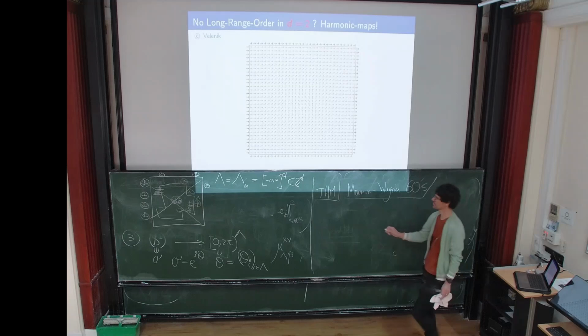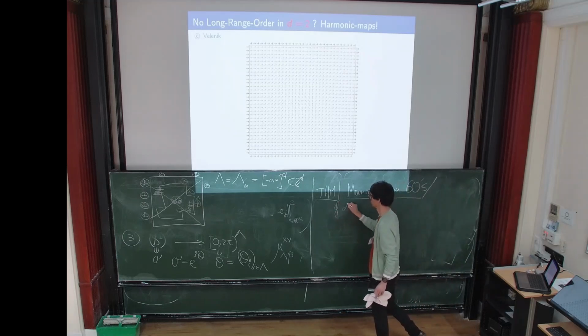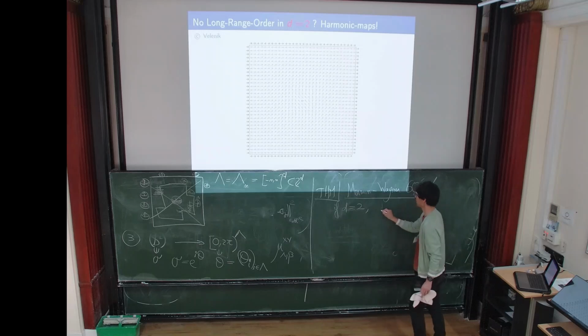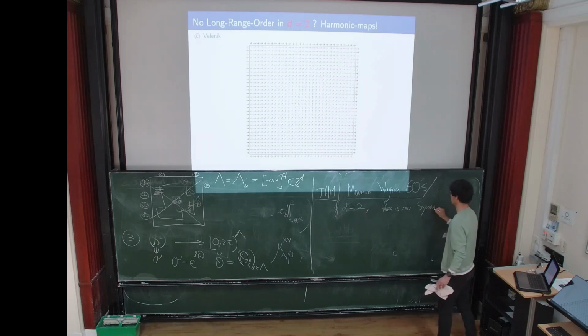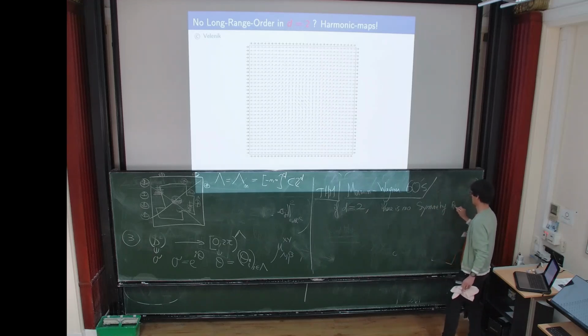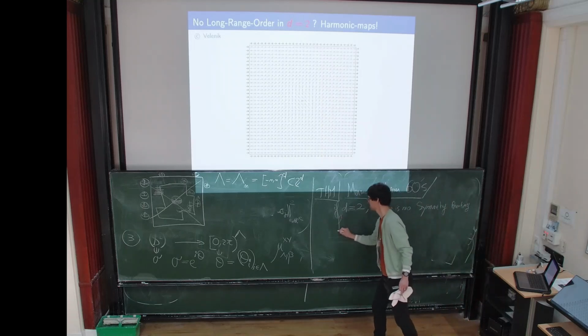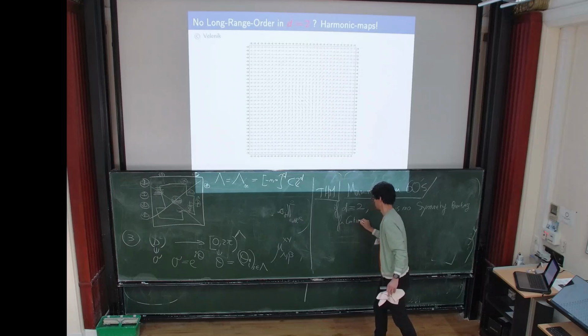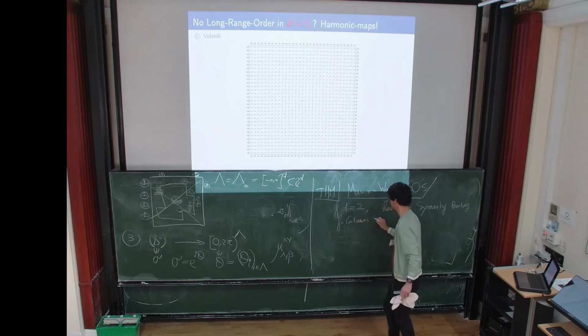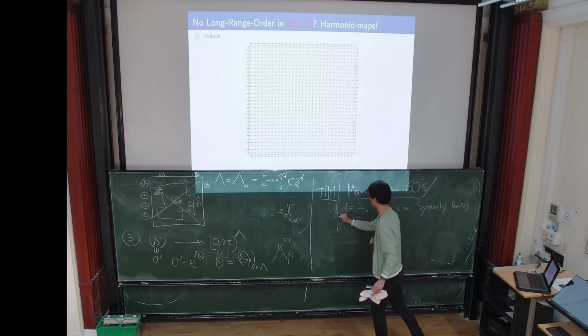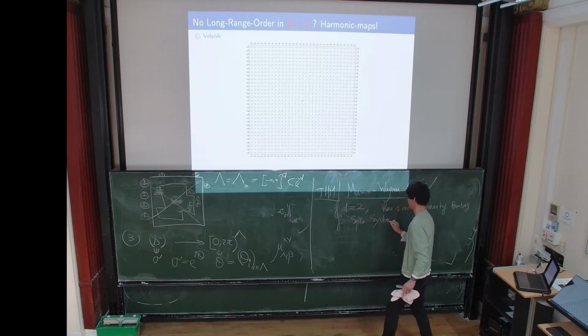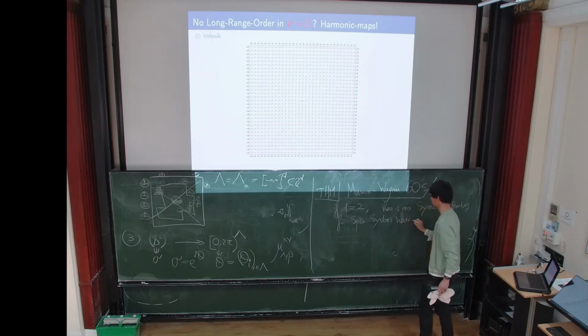And it tells you that if d is equal to 2, then there is no symmetry breaking for continuous spin systems, for spin systems whose symmetry group is continuous.